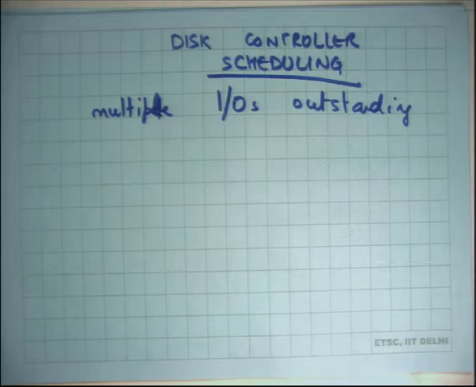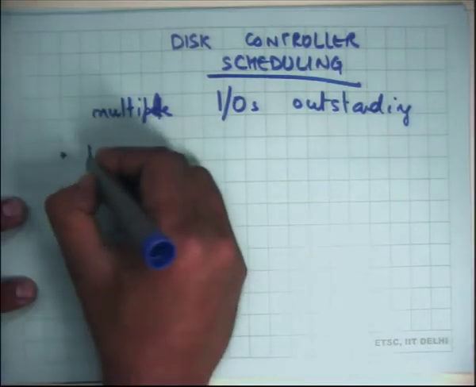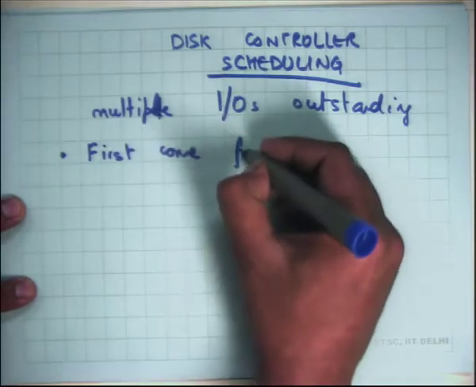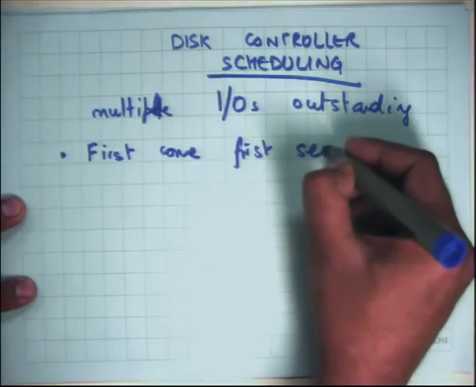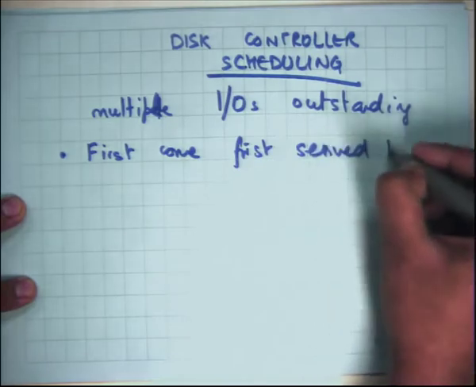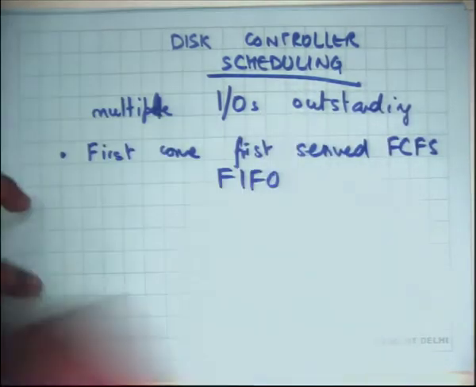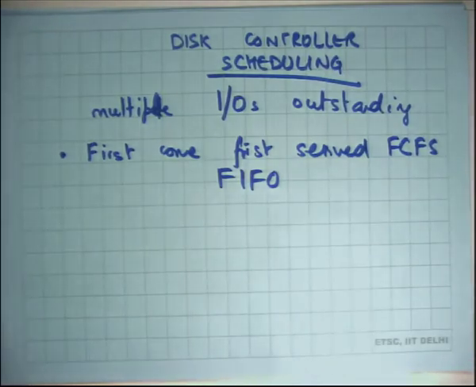So for example, one option is just first come first served, also called FCFS, or also called FIFO, first in first out, same thing. This is fair, whoever comes first gets served, but it completely ignores proximity.